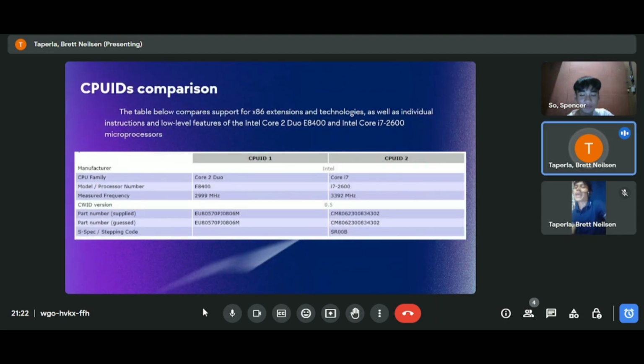So for the CPU comparison, the table compares support for x86 extensions and technology as well as individual instructions and low-level features of the Intel Core 2 Duo E8400 and the Core i7 2600 microprocessor. The measured frequency of the Core 2 Duo is 2999 megahertz and the Core i7 is 3392 megahertz.